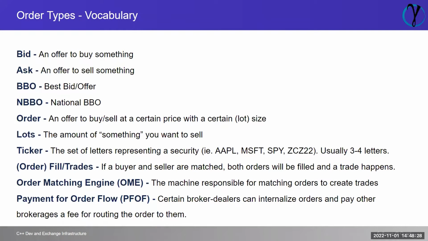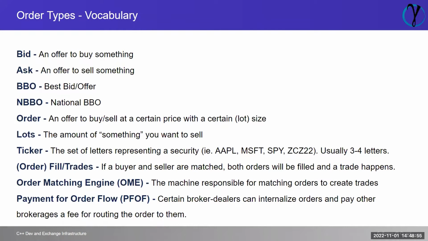You want to sell high, so you want to sell to the highest guy who wants to buy your stock. Then the highest buy is your best bid. And on the other side, your best offer. Offer is just another word for ask. Some people use those interchangeably: how much are you offering this for, how much are you asking for this? The lowest offer is your best offer.